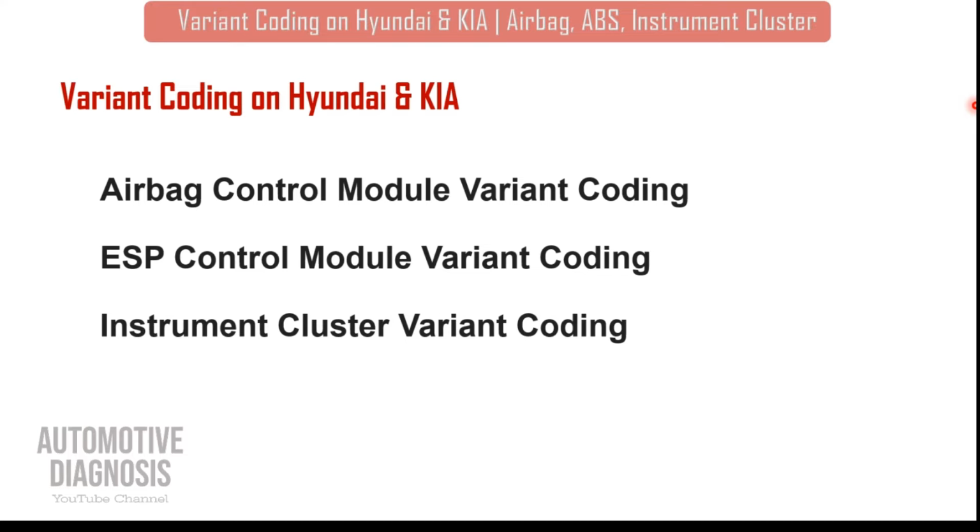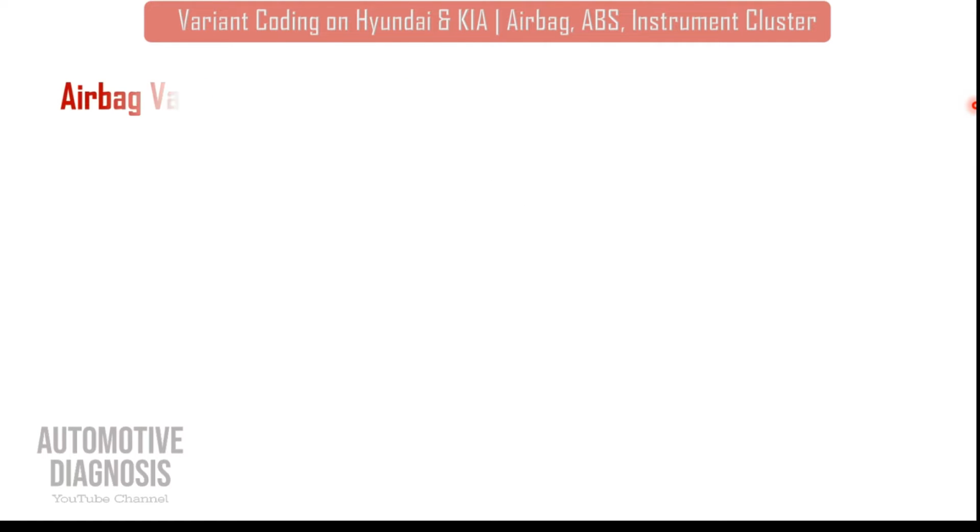And for the ESP control module and instrument cluster, it is actually based on the type of that control module. Sometimes you need to do that, sometimes you don't. So let's have a look at each control module and see what the details are.